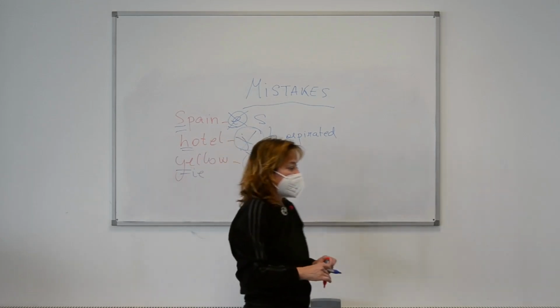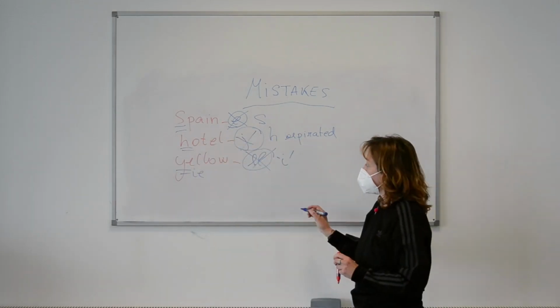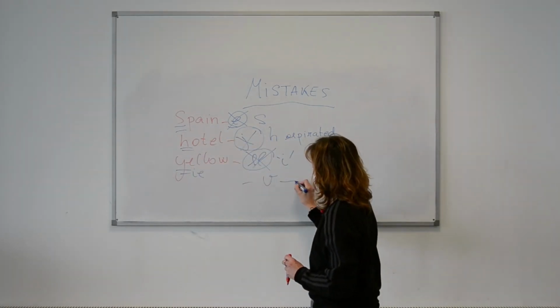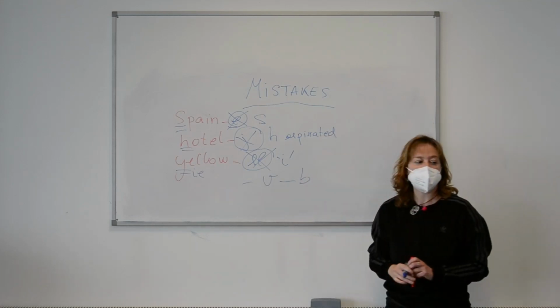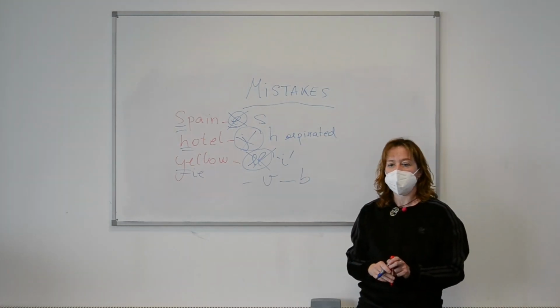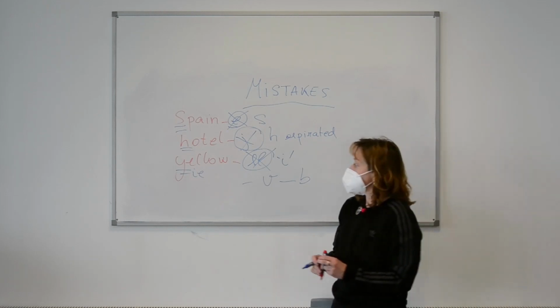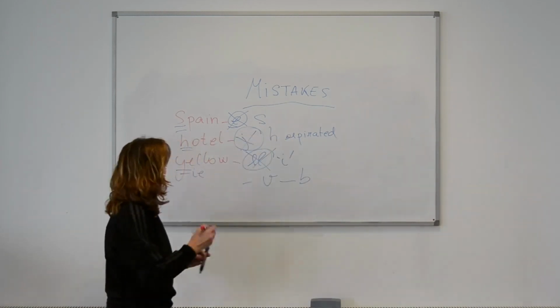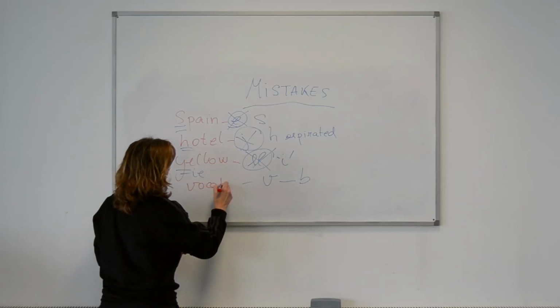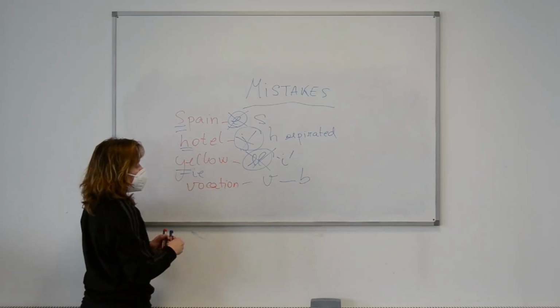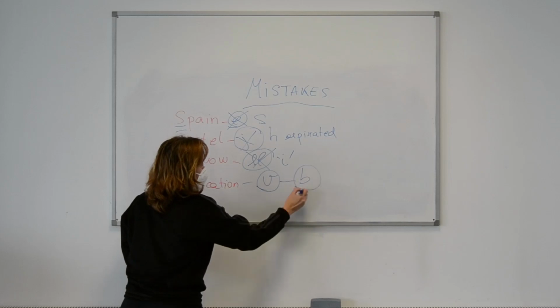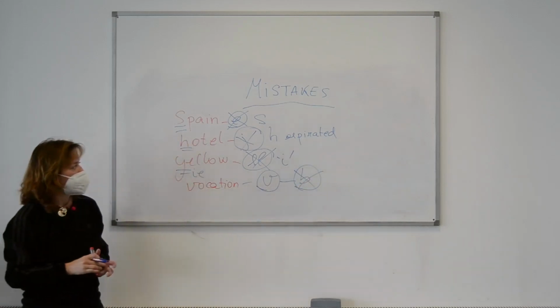And finally, another one is the use of V and B. In Spanish, we don't have this difference between V and B, while in English, this difference is quite clear. For example, in the word vocation, we should use this sound, but not this when we pronounce the word.